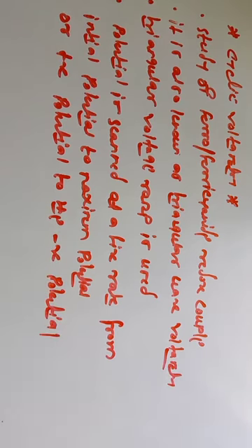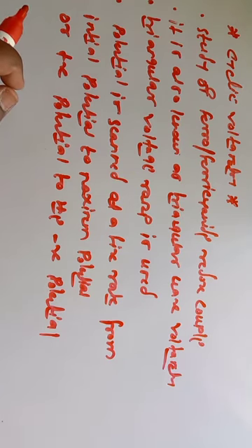So this cyclic voltammetry is also known as triangular wave voltammetry. In this, a triangular voltage ramp is used and the potential is scanned at a fixed rate from initial potential to maximum potential, or positive potential to the negative potential.